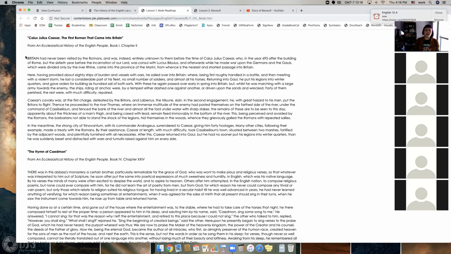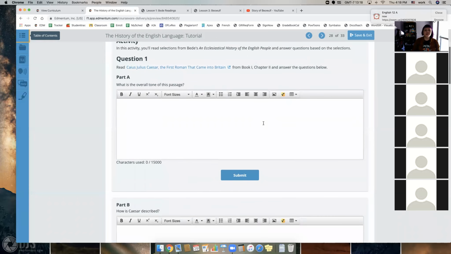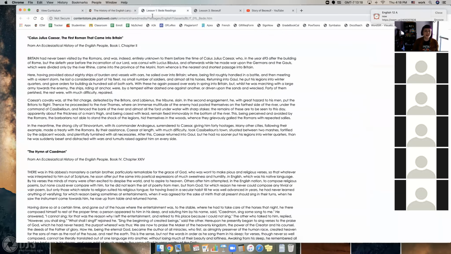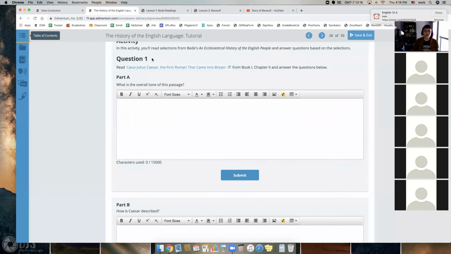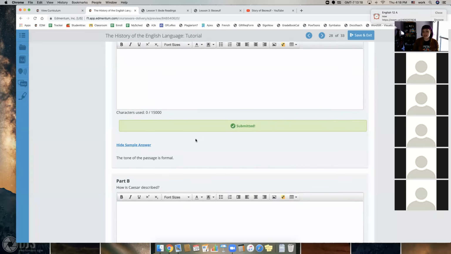What you're going to be doing with this is looking for some of these descriptions. Sorry, short-term memory loss here. So the overall tone of the passage, just by glancing over it, is sort of a tone of awe, I think, just explaining everything that's going on. This is saying the tone of the passage is formal, but look, one sentence.